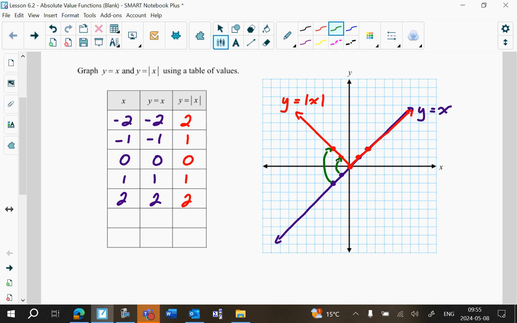So if I gave you this, and then I asked you to take the absolute value of it, well, this part above is the exact same, but then this part below just flips above. That's it. So how do we graph absolute values? We graph them without, and then we go to all the parts below the x-axis and flip them above. Anything that's above stays above.